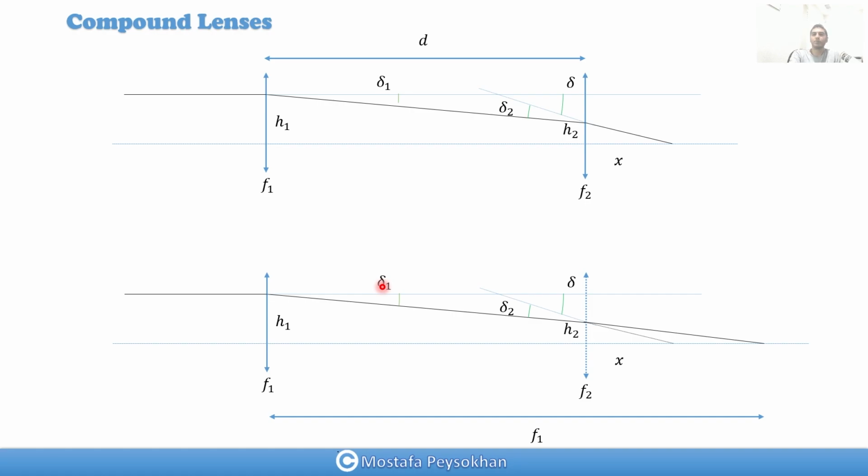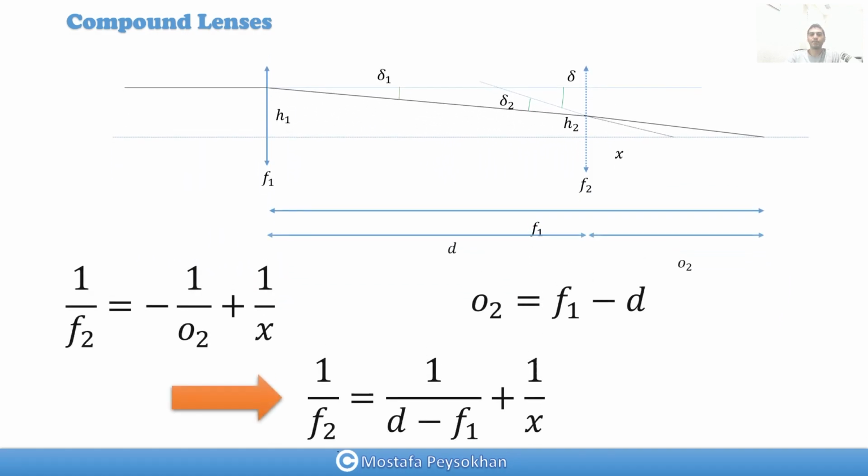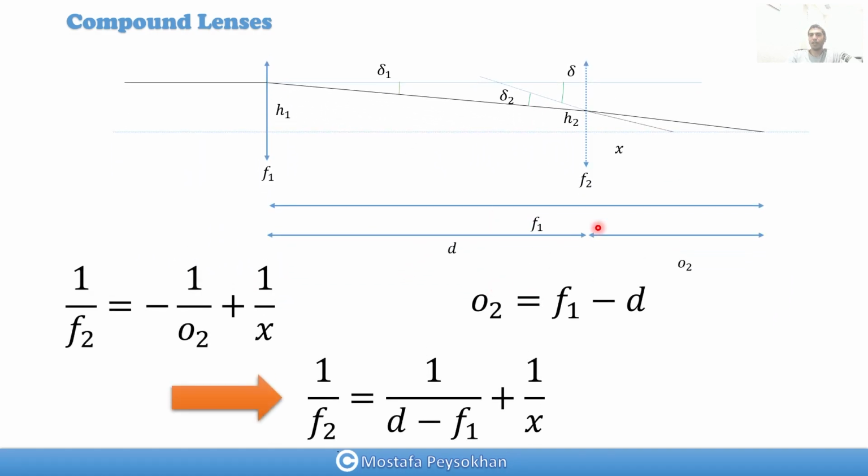Now we have an object for the second lens, which is actually the image of the first lens. So we have this object at distance O2, because it acts like an object for lens 2.